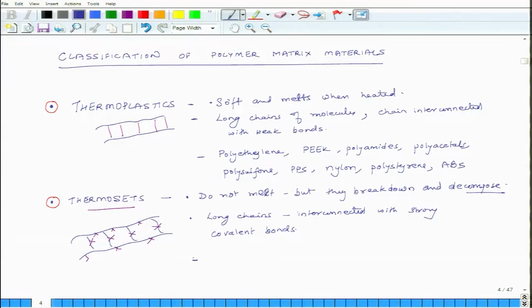Some examples of thermosets: epoxies, polyester, phenolics, urea, melamine, silicone, polyamides.